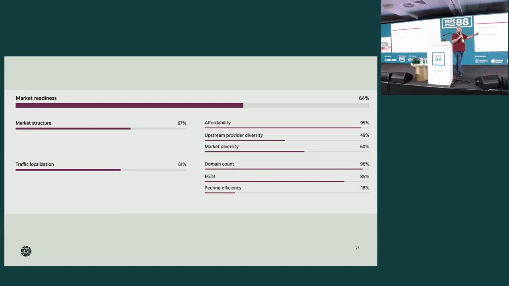At another level of work, we need to work with decision makers to produce policies that provide better market structure. We have some issues with upstream provider diversity. As you can see, it's very easy to digest, to understand, and to use as a high-level explainer for different people.